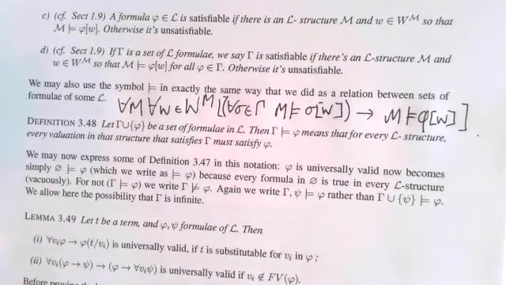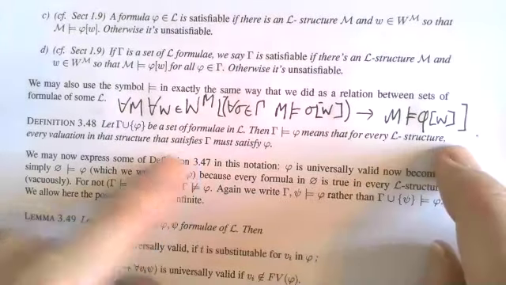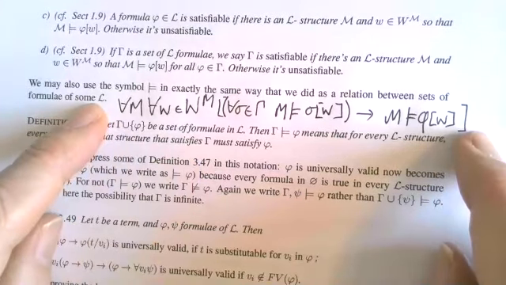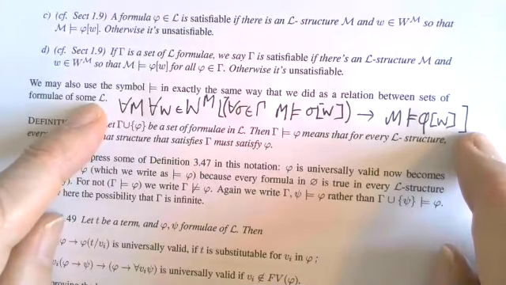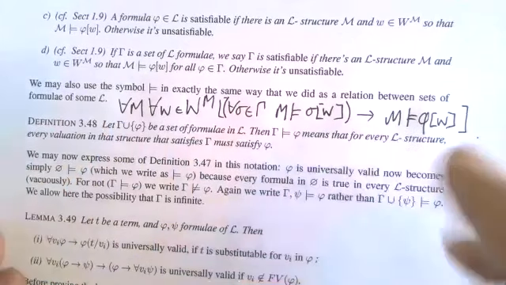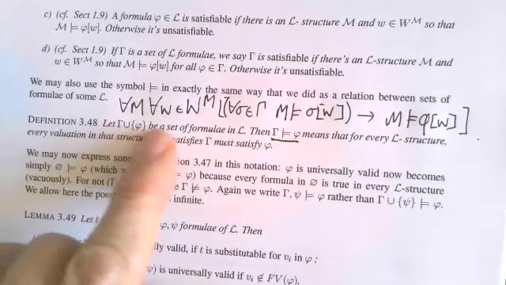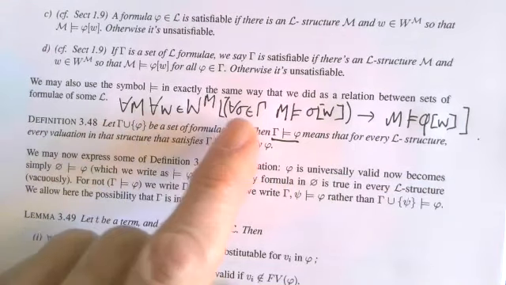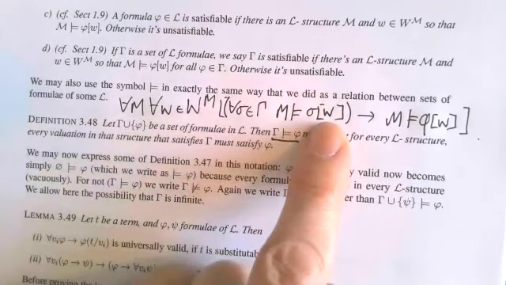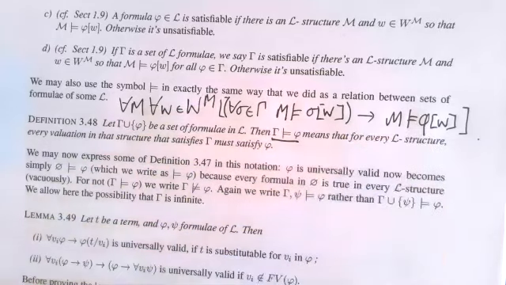So I don't know which is more readable, I think the English, but here it is in mathematical notation. So this is another way of writing this. So for all structures and valuations, if everything in gamma is made true by W, then phi is made true by W.